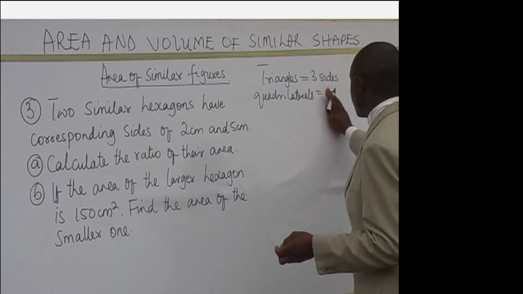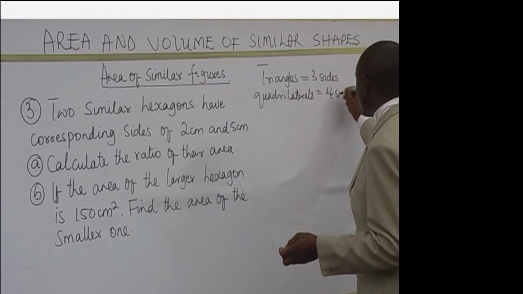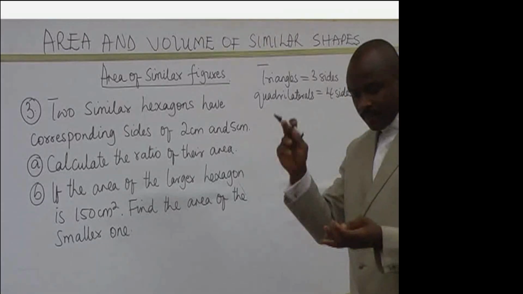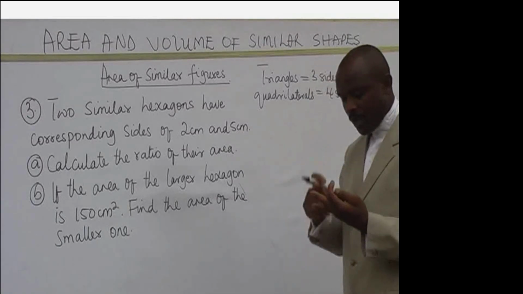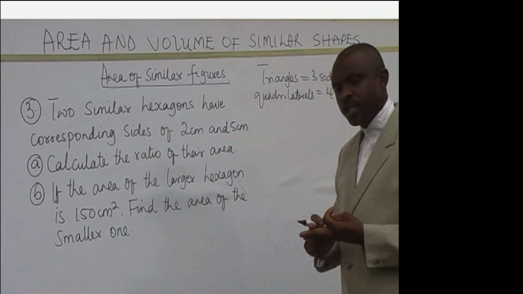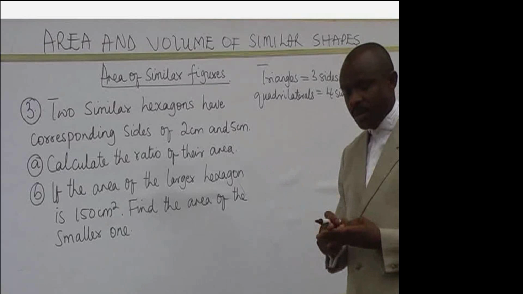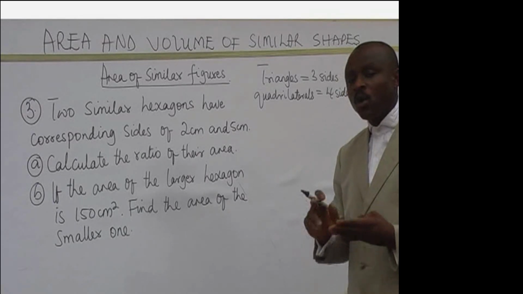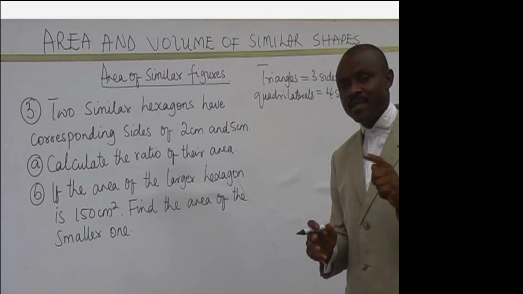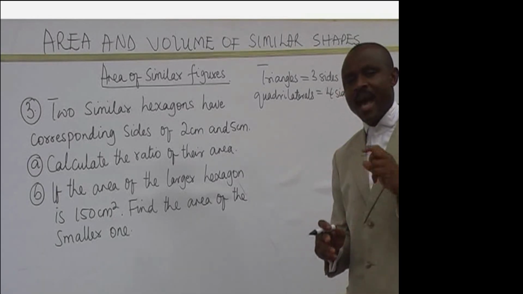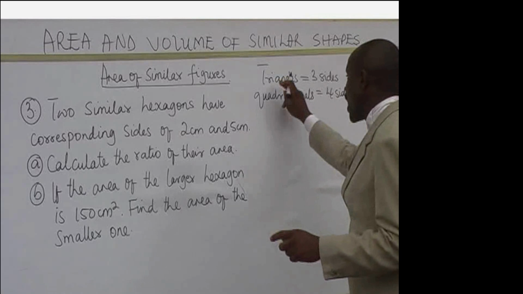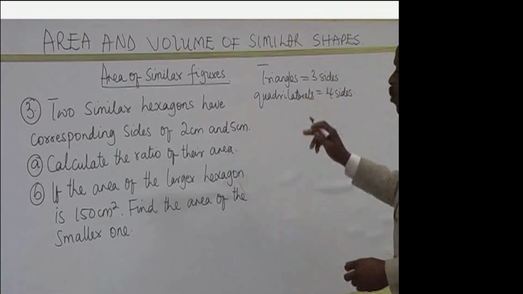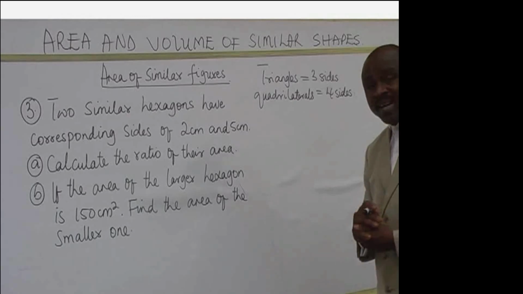Four sides. Quadrilaterals include squares, rectangles, parallelograms, and trapeziums. They are all quadrilaterals as long as they have 4 sides and 4 angles, unlike a triangle that has 3 sides and 3 angles. After quadrilateral, you have what we call a pentagon.